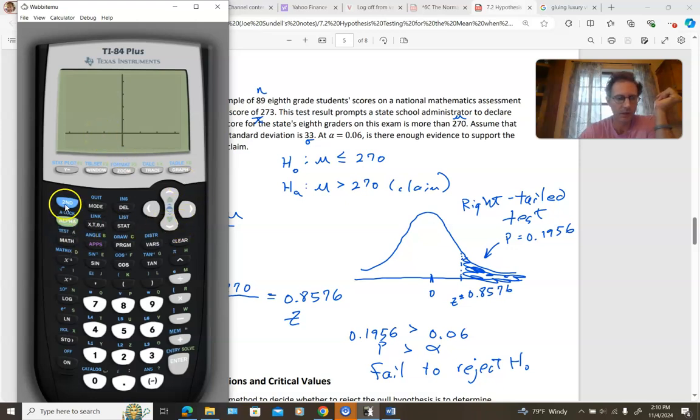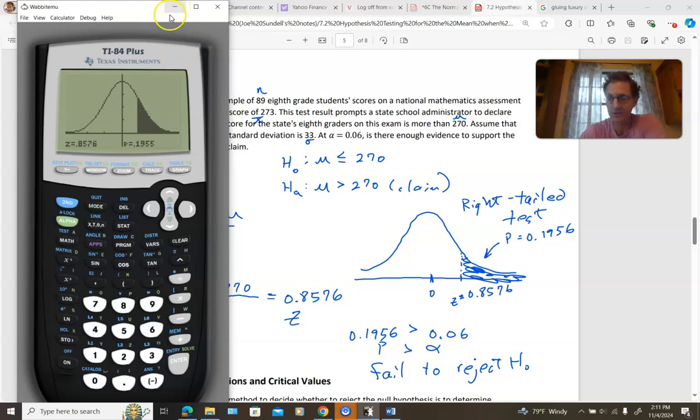Let me just try this again. Come down here to Draw. Yeah, there it goes. So see, it shades in the area to the right of that standardized test statistic. Because this is a lot of area, we don't reject the null hypothesis here. So anyway, guys, make use of that if you need to.